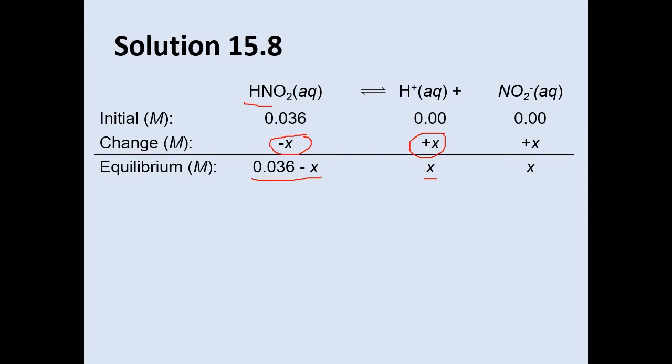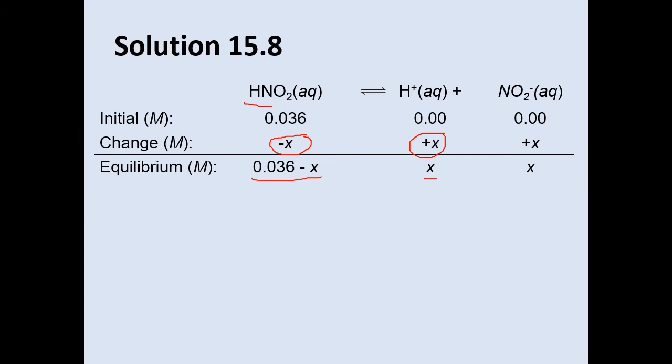But here we started with 0.036, so X is deducted from there. During the change, at equilibrium, there will be X molar less than the original that we started with.